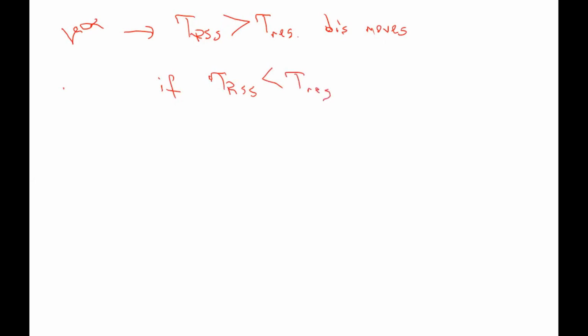Velocity of dislocation, all right. Once the resolved shear stress is greater than the lattice resistance, right? We have dislocation movement. Dislocation moves. If, vice versa, the resolved shear stress is less than the lattice resistance, we don't have any velocity.